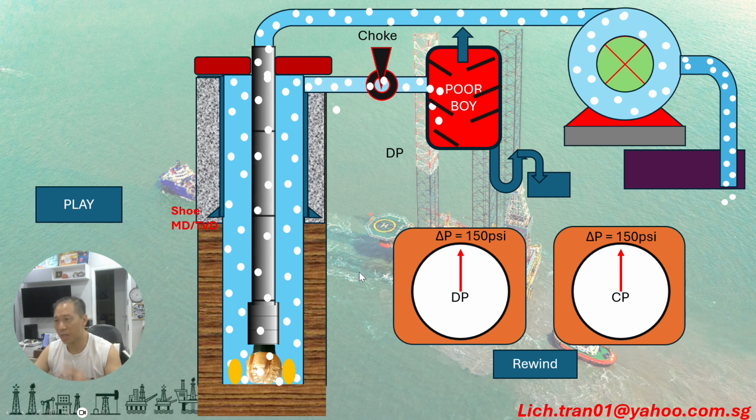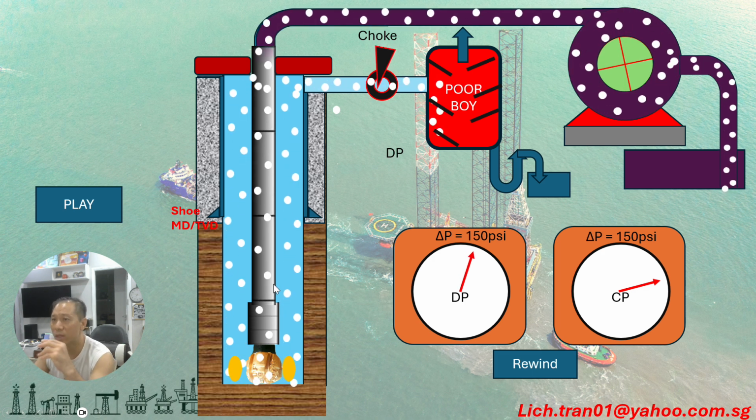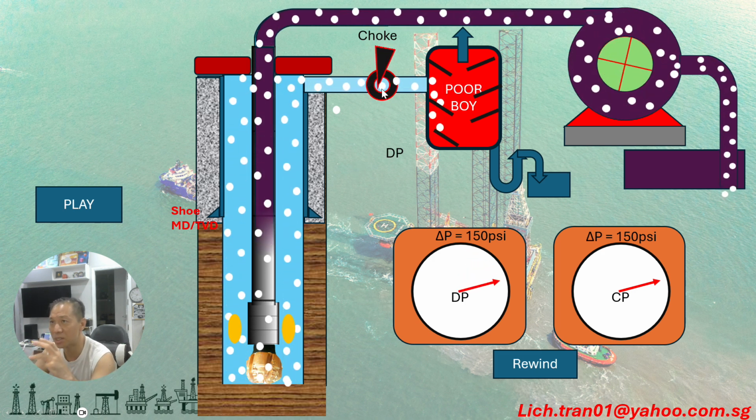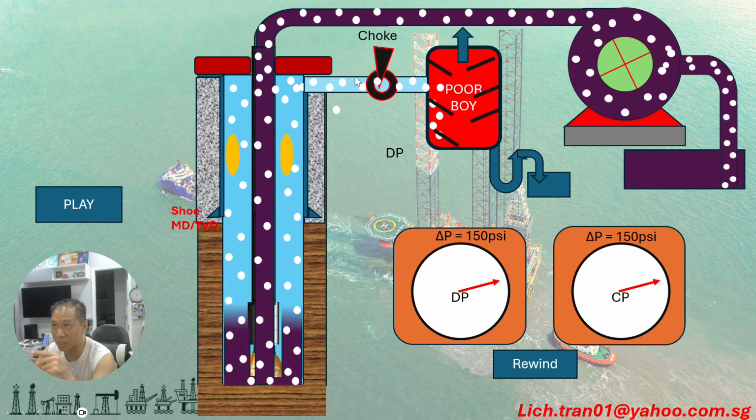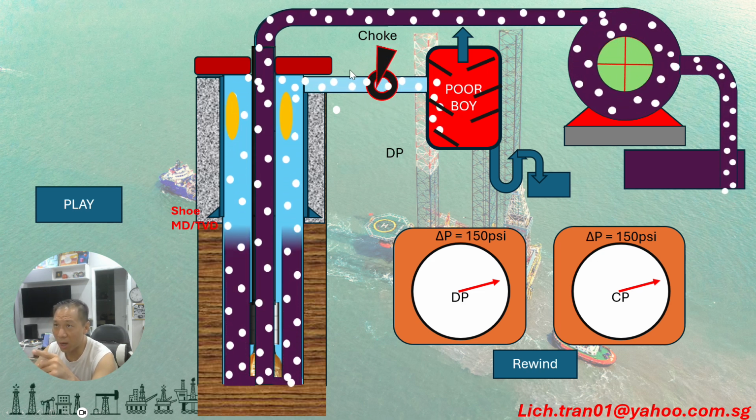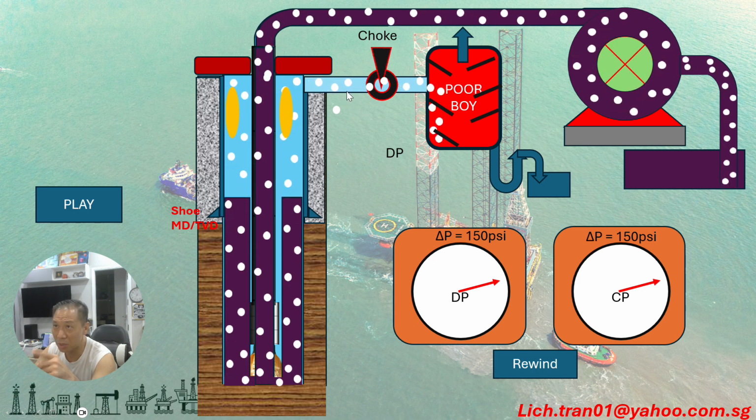What can cause casing pressure to increase first 150 psi? The only thing that can cause it to increase is here at the choke. You have the pressure gauge in front of the choke, right? So what can make this pressure gauge increase 150 psi is what happened here after the gauge.